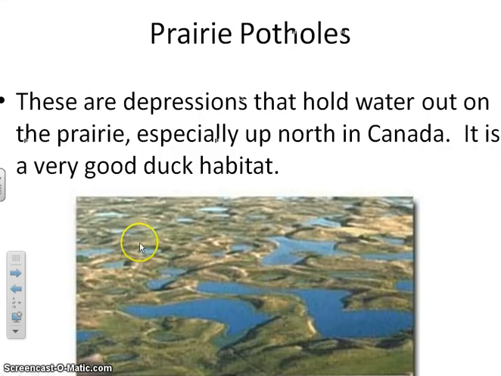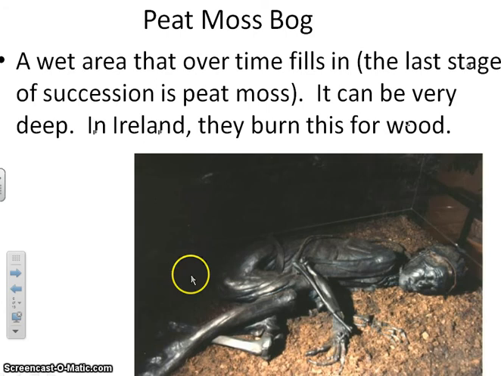Prairie potholes happen where the land is really flat, except for these small depressions. And what ends up happening here, lots of nutrition collects here when the water collects here, and this is really great duck hunting area because the ducks all gather up there.